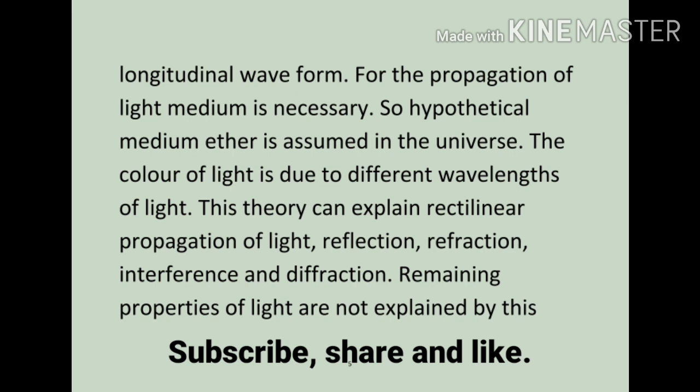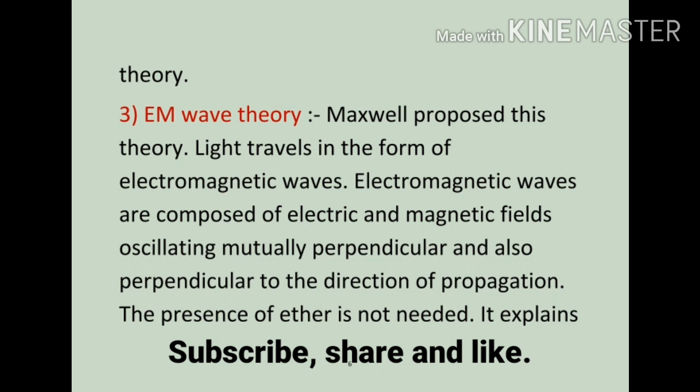The color of light is due to the different wavelengths of light. This theory can explain rectilinear propagation of light, reflection, refraction, interference and diffraction. The remaining properties of light are not explained by this theory.